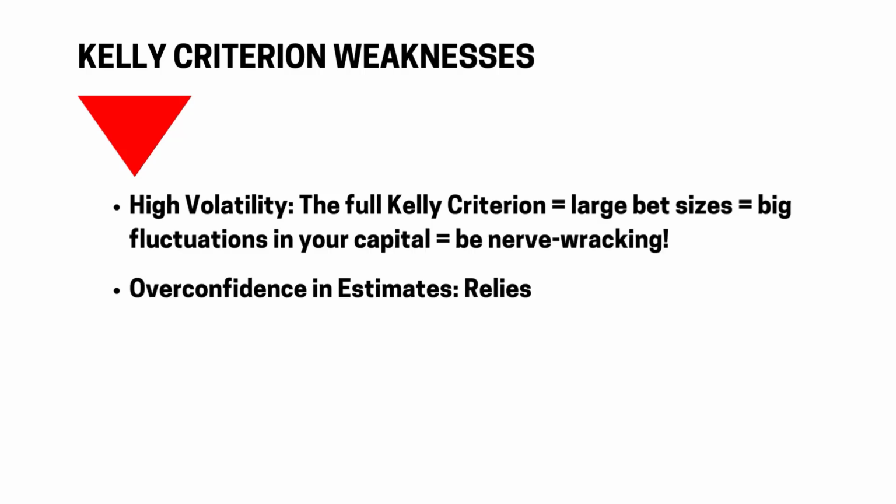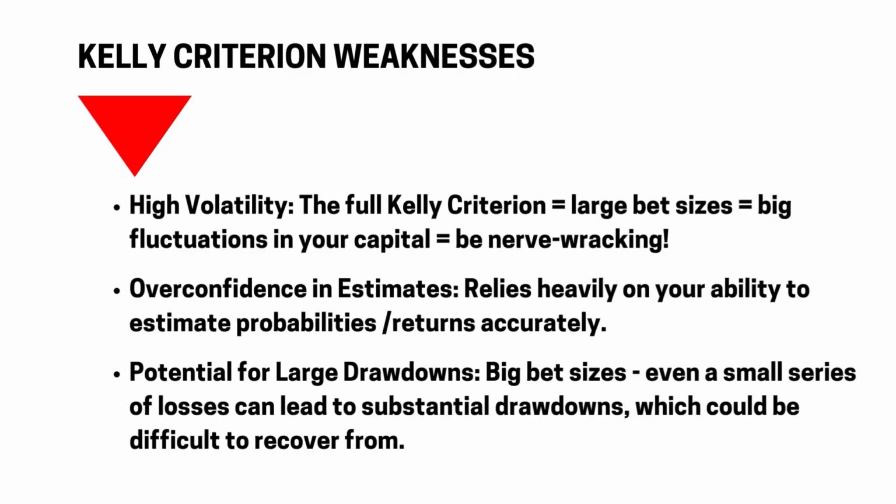What about weaknesses then? Well, high volatility, obviously. The full Kelly Criterion, as you could see by that 40% example, can lead to large bet sizes, which can cause massive fluctuations in your capital. And that volatility, I can tell you, takes some nerve. It can be nerve-wracking, especially during losing streaks. Secondly, overconfidence in estimates.